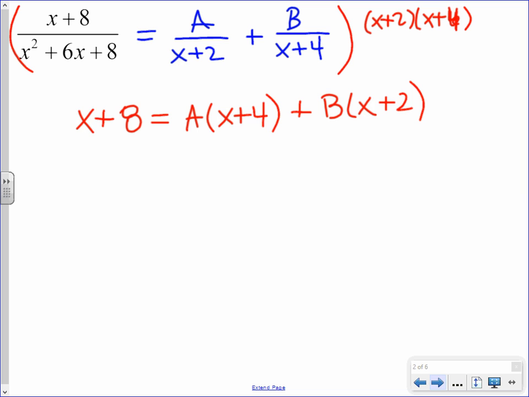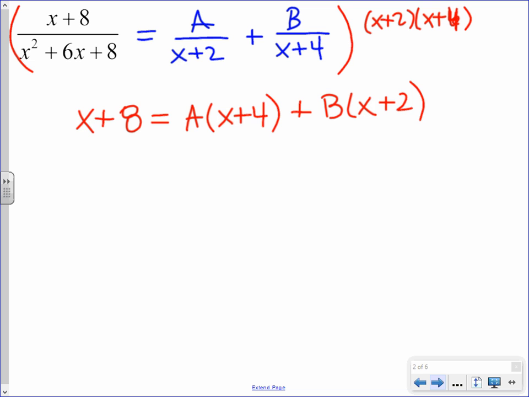All right. So when we have nice linear denominators that don't repeat, we can simply plug in numbers for x to solve for our variables. So what number would make this factor 0? -4.